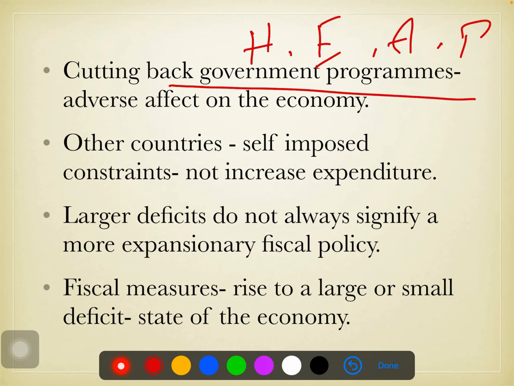But if we do that, it is going to affect the economy adversely. These are all basic areas that everybody is going to use. We have too much population, and if you cut down the welfare activities, definitely people are going to struggle. So it is going to affect the economy adversely. So it is not possible.